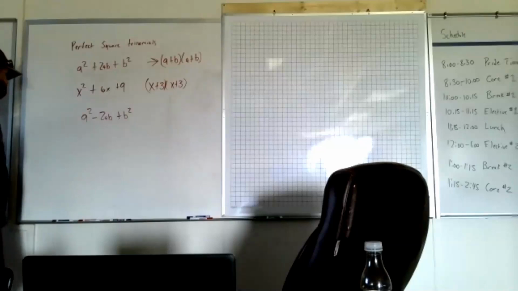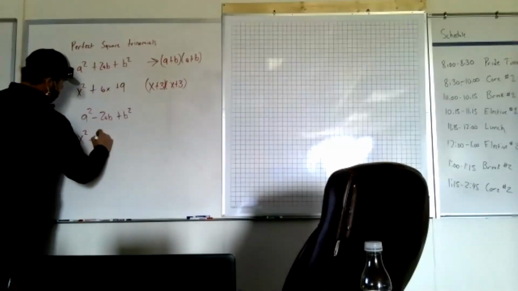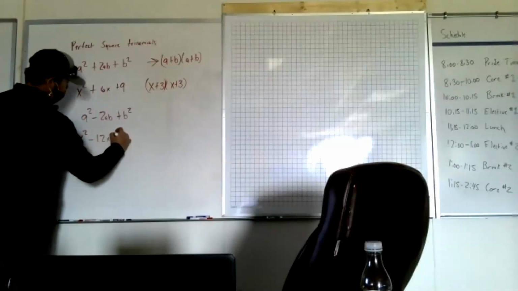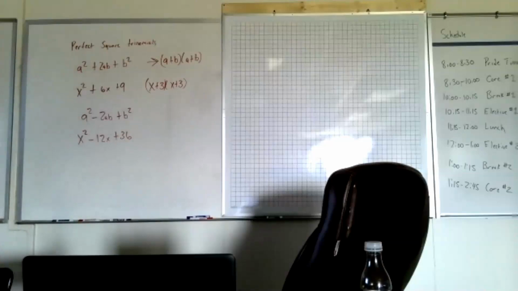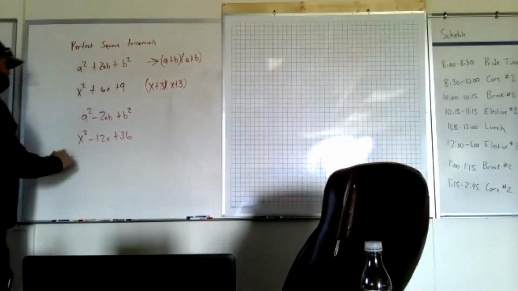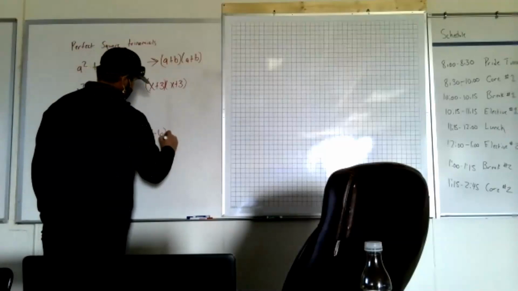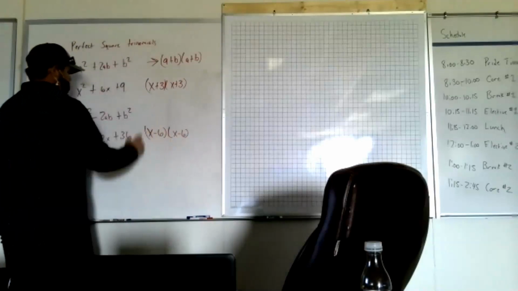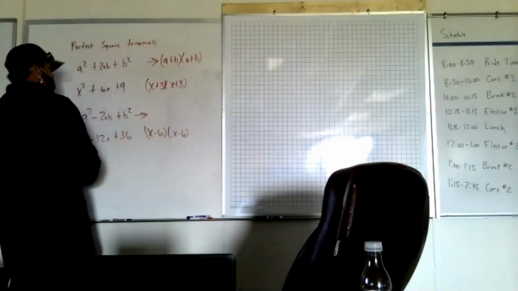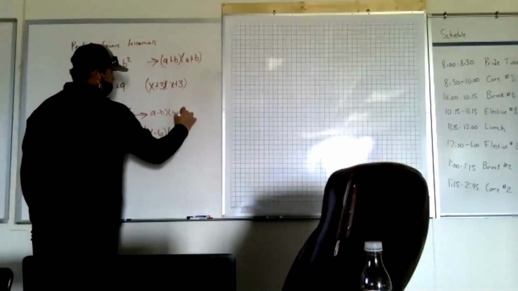Okay, so an example of one of these would be x squared minus 12x plus 36. Okay, this factored form is x minus 6, x minus 6. The general form, because I forgot to write it, would be a minus b times a minus b.